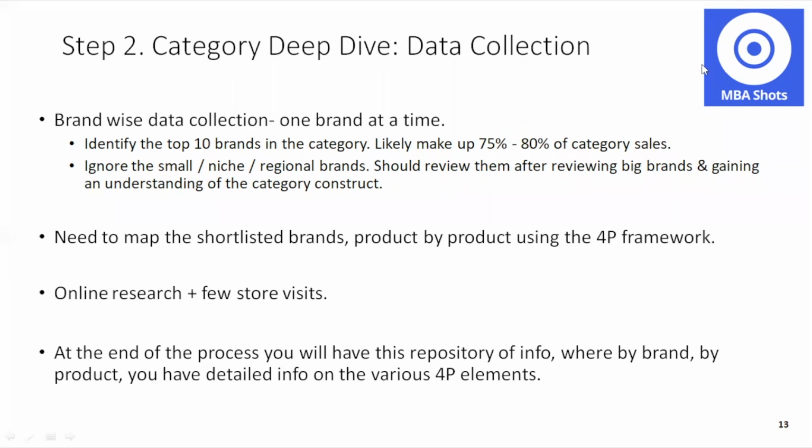So now that you know what are the shortlisted brands, the 10-15 brands that you have shortlisted, you need to map out their portfolio one by one, product by product, using the 4P framework that we had just looked at.